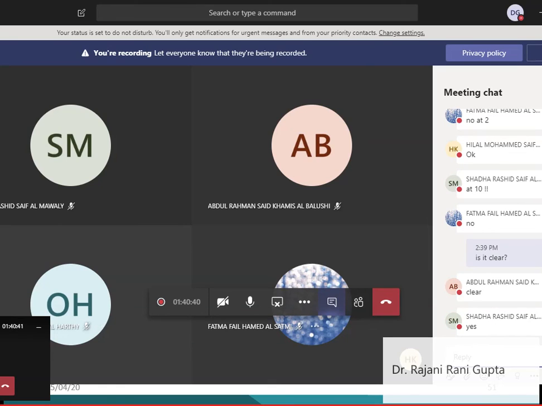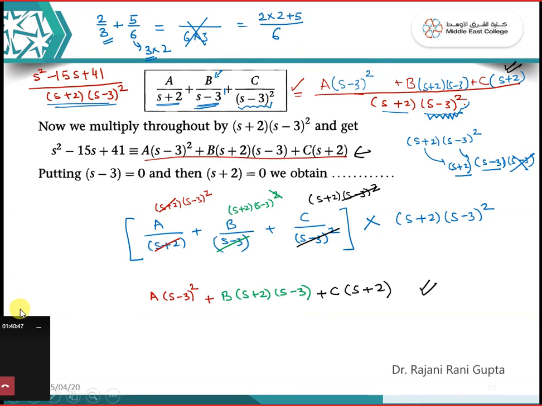Okay, good. And then you have to work with the values of s. Now here you have three constants A, B and C, so you need three different values of s, that again you will get from the denominator. One is s plus 2 equal to 0, which gives you s equal to minus 2.